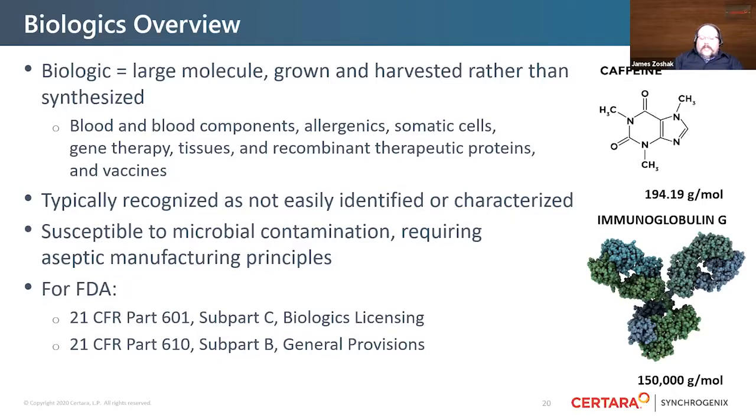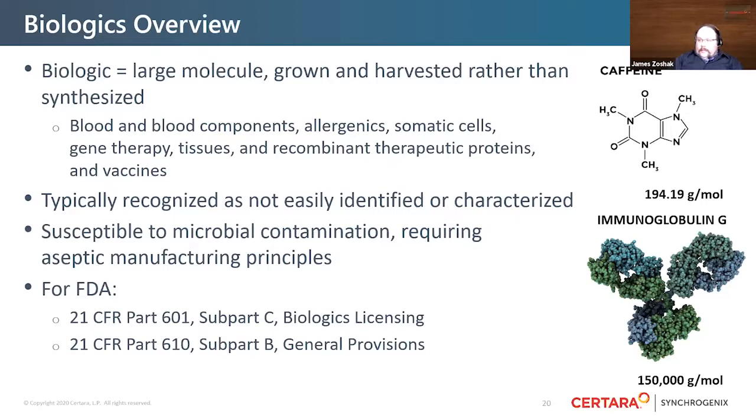They are particularly susceptible to microbial contamination, requiring aseptic manufacturing principles, and we'll go over that in some detail later on. For the FDA, at least, we recommend familiarizing yourself with the subpart of the Code of Federal Regulations covering biologics licensing and the general provisions for biologics, as these will help guide you.